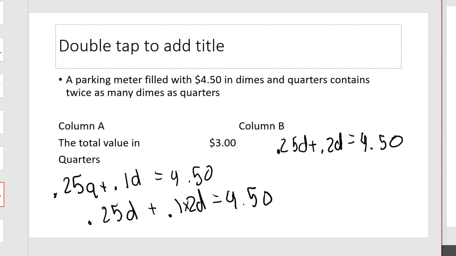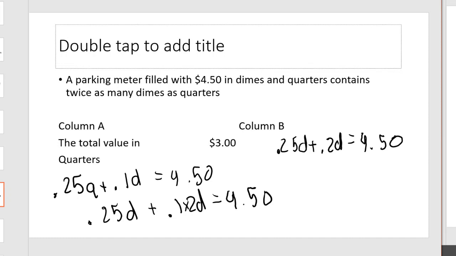We had originally 0.25 quarters plus 0.1 dimes is equal to $4.50. But we realized we have to make dimes and quarters the same variable. D is going to equal the number of coins rather than the value of the coins. Okay?